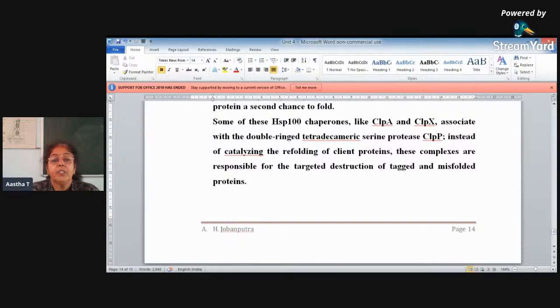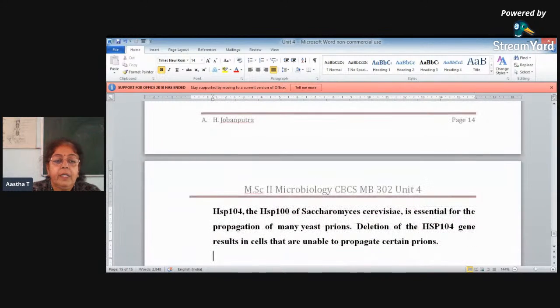These complexes are responsible for targeted destruction of tagged and misfolded proteins. The tetradecameric serine protease has 10 units and 4 combinations, and the chaperone attaches to it and, with the help of such protease, destroys unfolded or incorrectly folded proteins. So again, it will be carrying those proteins towards the proteasome for destruction.